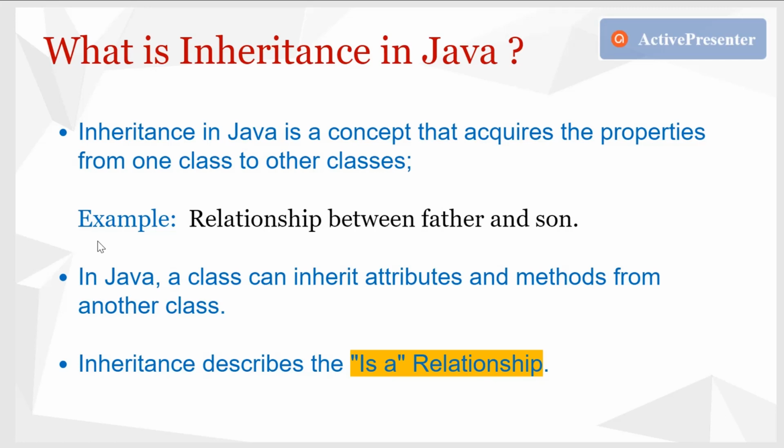So in Java, a class can inherit attributes and methods from another class. What does a class contain? A class contains attributes and methods, right? So the subclass inherits the attributes and methods of the superclass.